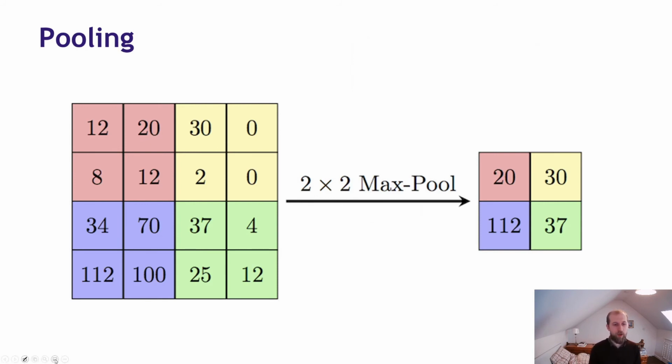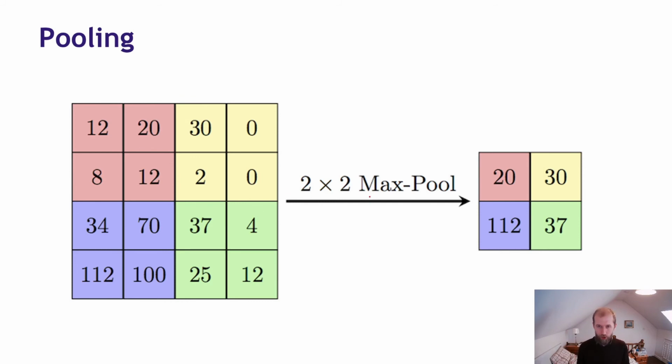Lastly, I'm going to talk about max pooling very briefly, because it's not used so much these days. Max pooling is very simple, where we pool the data. So we choose a representative data point for different parts of the data.